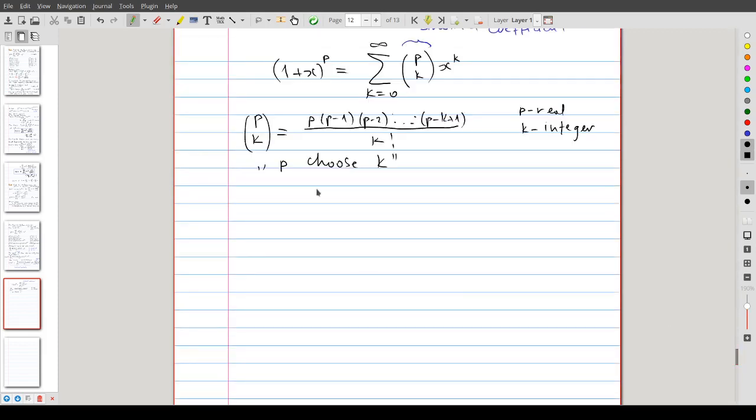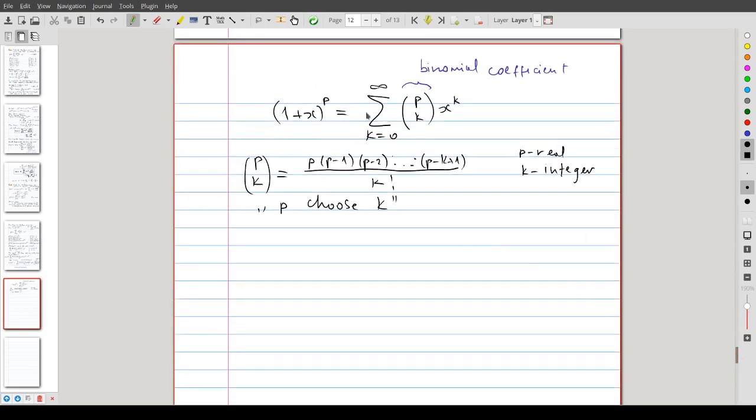Okay, so we have obtained an expansion for this binomial expression. Now, let us answer the second question of this example, namely, what is the radius of convergence of this power series?